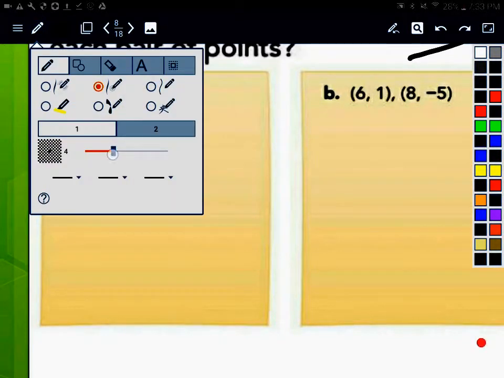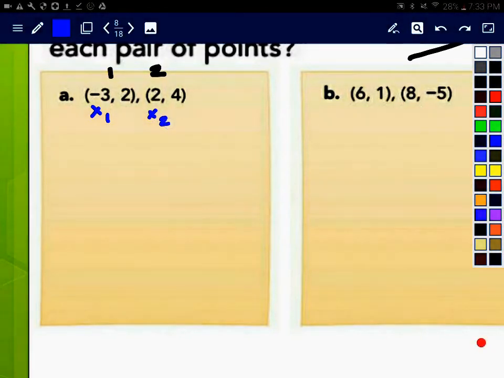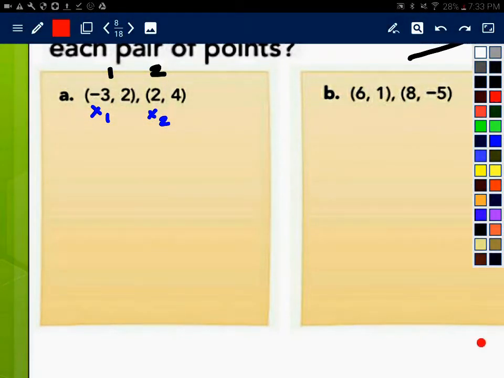Let me make my pen a little smaller here so I can write it better. Okay, so I'm going to write first that this is the x value that comes from the first point. This is the x value that comes from the second point. Now I can label the y's. This is the y value that comes from the first point. This is the y value that comes from the second point.